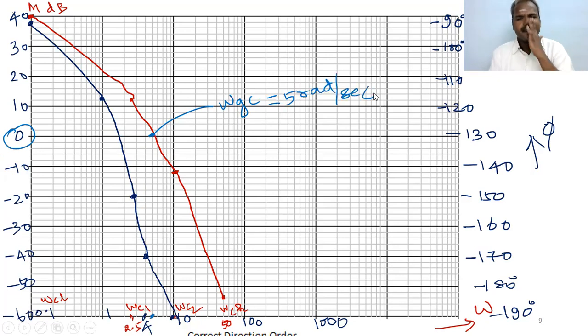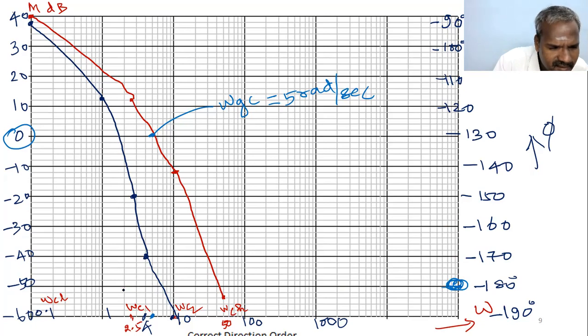Understand or not? Next, let us find phase crossover frequency. What is phase crossover frequency? The frequency at which the phase angle curve meets minus 180 degree. Where it meets, see here, minus 180 degree. So this is the minus 180 degree line. You see the phase angle curve.